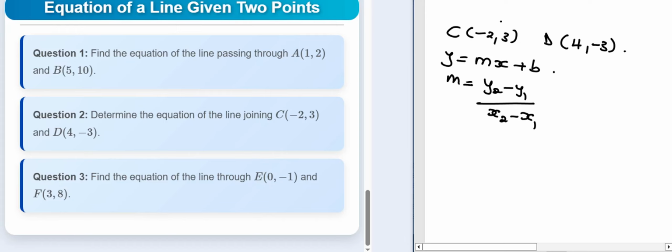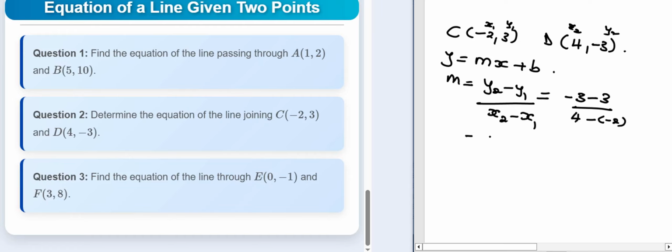and we already have all these values where we have this is x1, this is y1, this is x2, this is y2. So I can replace them here and say y2 is negative 3, then minus what is y1? y1 is 3, divided by x2, where x2 is 4, and now minus x1, which is negative 2, like that.